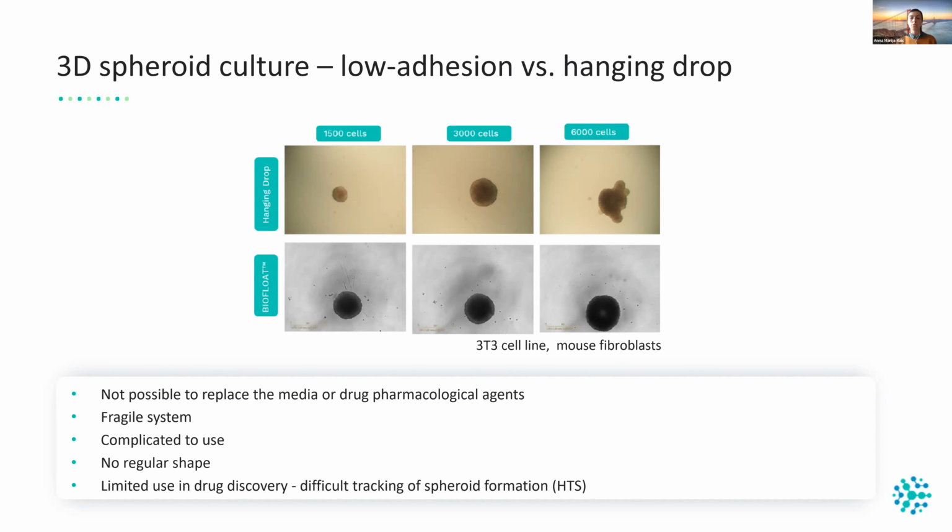Another big disadvantage of the hanging drop method is that it's not possible to replace the media or the drug during your experiments, which is important when you want to check the response to the drug over several days. The hanging drop system is fragile and complicated to use, so it's not suitable for high throughput screening. So the hanging drop method has limited use in drug discovery.